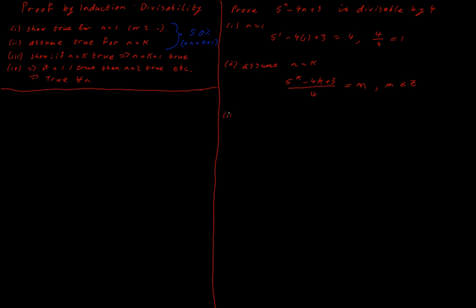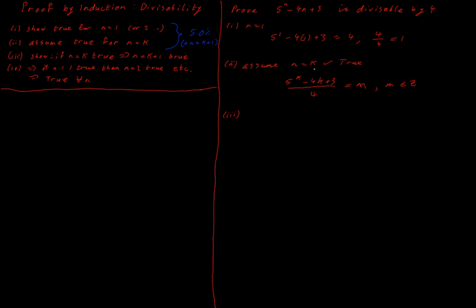Part 3, where our maths really starts to begin. With divisibility proofs, I'm going to write down what n is equal to k looks like, and I'm going to use the fact that I'm assuming n is equal to k is true. So assume that it's true.